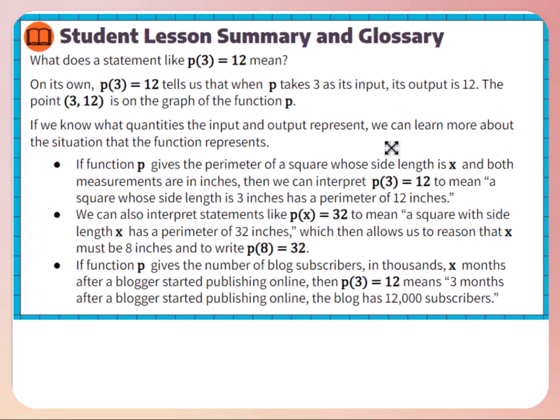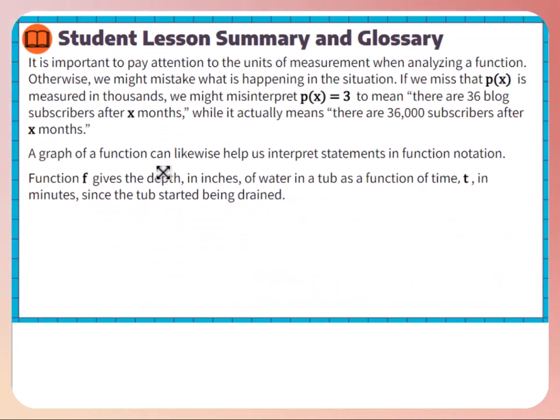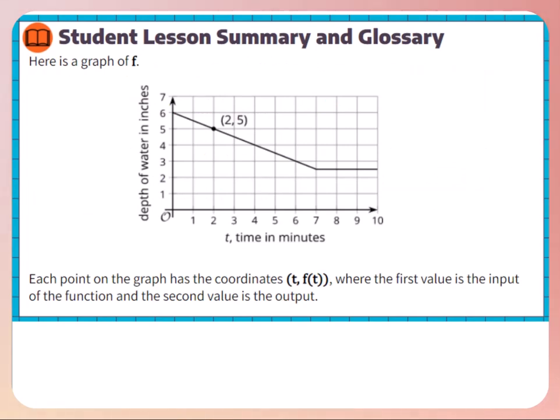Okay, we're practicing function notation in context of the problem. So read through the lesson summary, look at these examples, and then focus on function notation. Try to understand what that means. Summarize this on your own, highlighting the important information, focusing on the vocabulary for function notation.